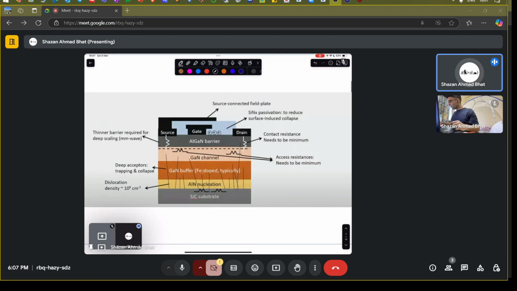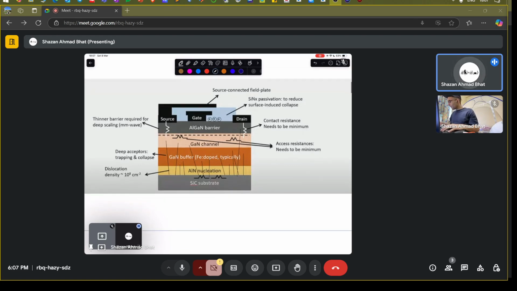I mention this particular figure here because of two reasons. The first is that you have been given the introduction about what a GaN, AlGaN HEMT is, and how the two-dimensional electron gas comes into the picture.